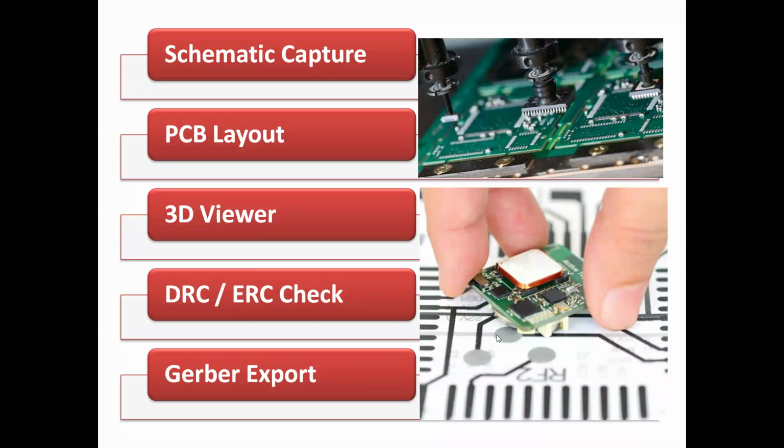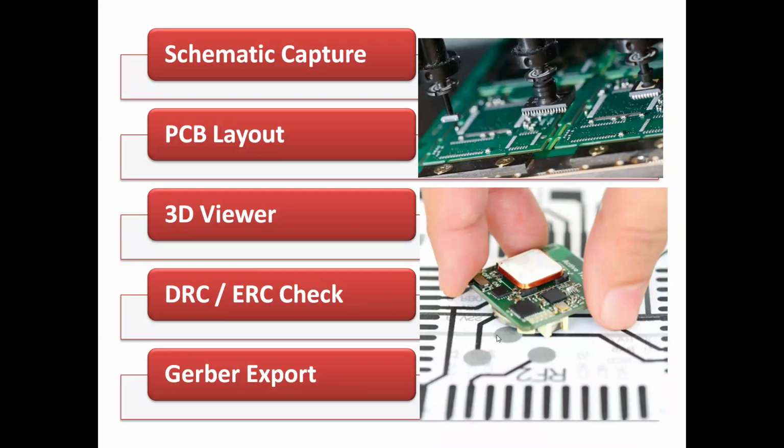DRC ERC check, that is also possible. We can analyze a particular PCB, a specific infrastructure, in terms of its design rules, whether it is valid or not, whatever communication we are doing, whatever interface we have used.